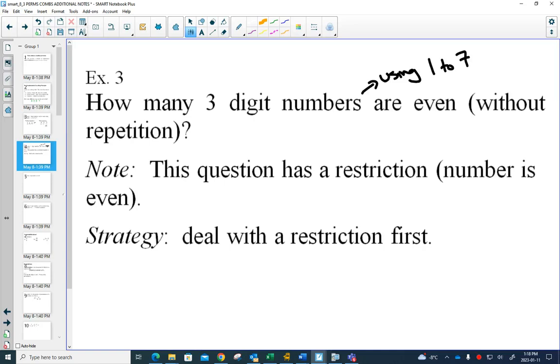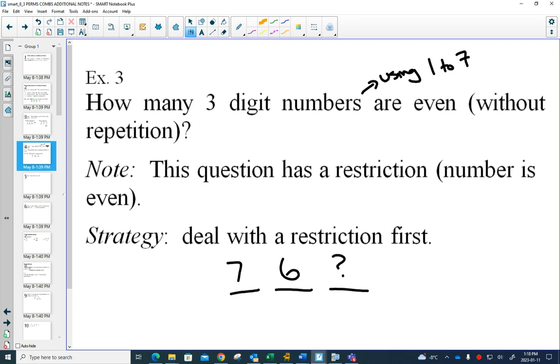Okay? Now don't write this down, but the first way that a person would go about solving this, first time you would look at this question, you'd say, okay, I have 3 decisions. I would have 7 choices here, 6 choices here, and then my question is, what number do you put there? Because it has to be an even number.